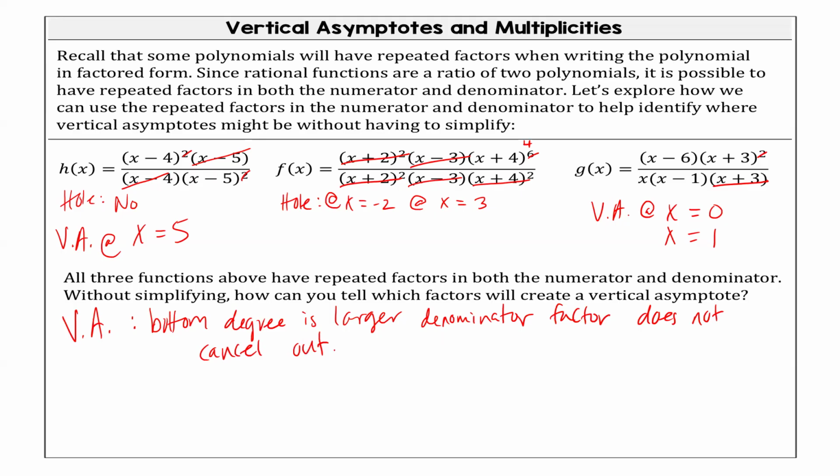Which is why on the first one, you still had a vertical asymptote at x equals 5. Okay, let's talk about holes. For holes, if the top degree is larger, or top and bottom degrees are equal.